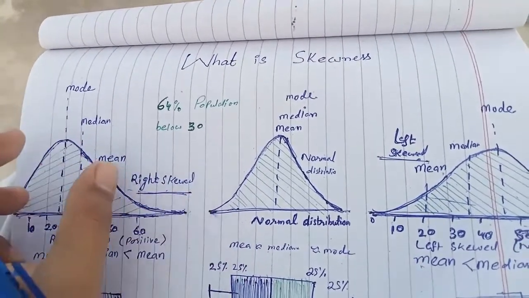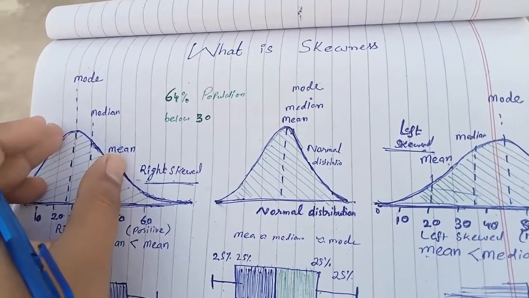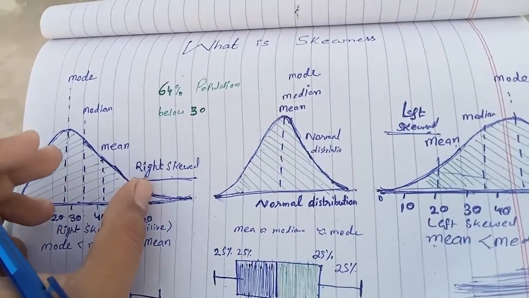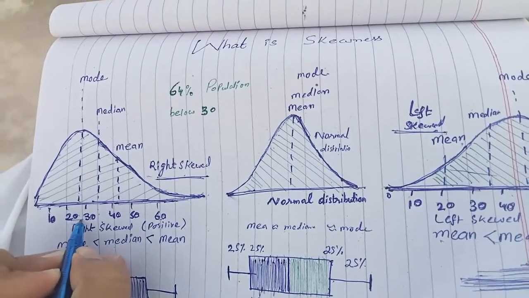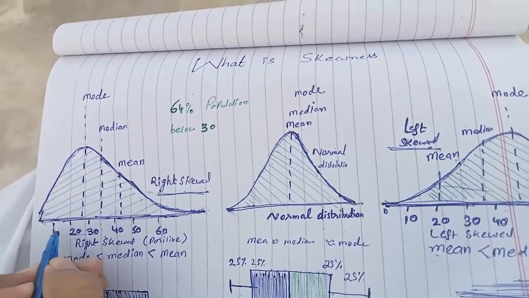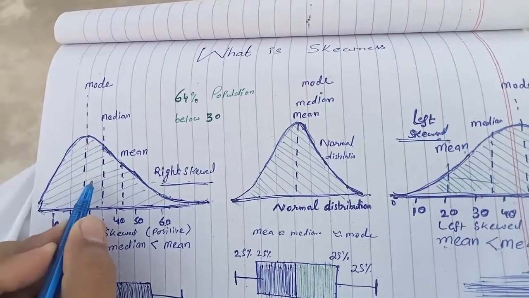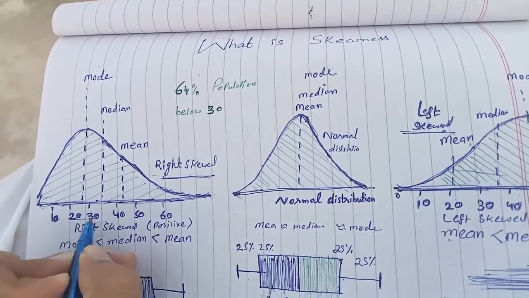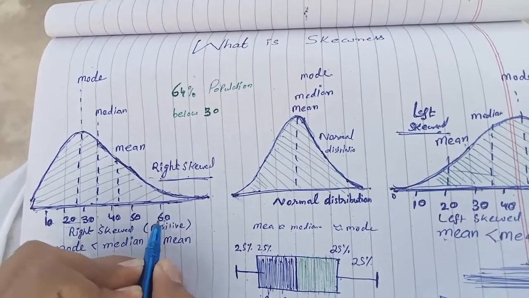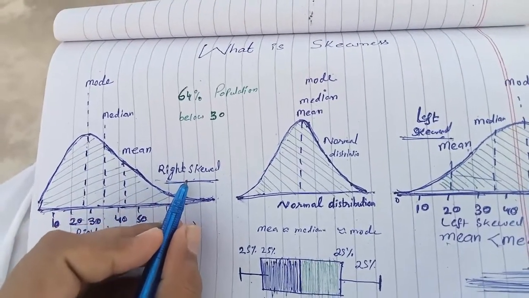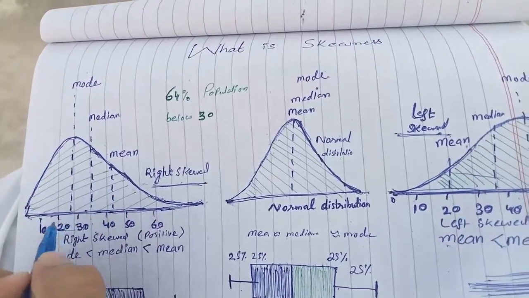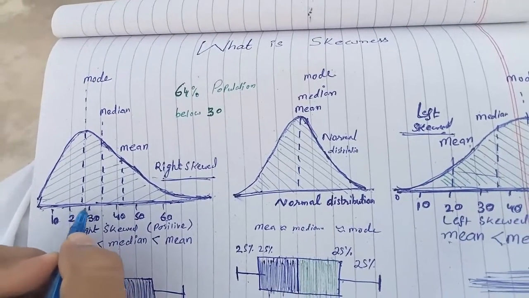In the right skew, the hump represents a high amount of data at the lowest values. You can see the values here are 10, 20, 30, 40, 50, 60. Remember this: in a right skew, you will always get the hump at the lowest values.